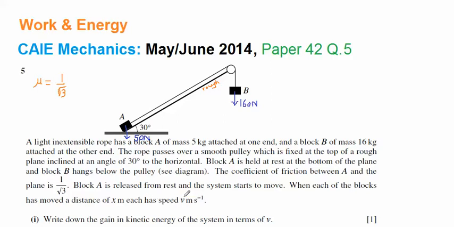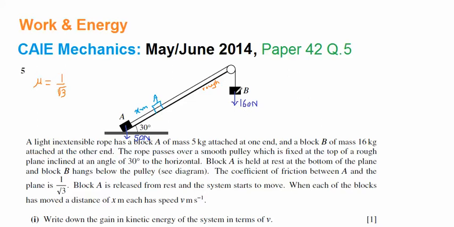If we show this information on the diagram, it means that object A has moved x meters. So it will reach this point. This is object A after moving x meters on the plane.